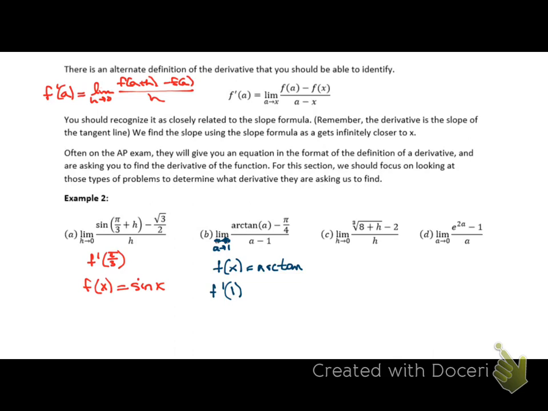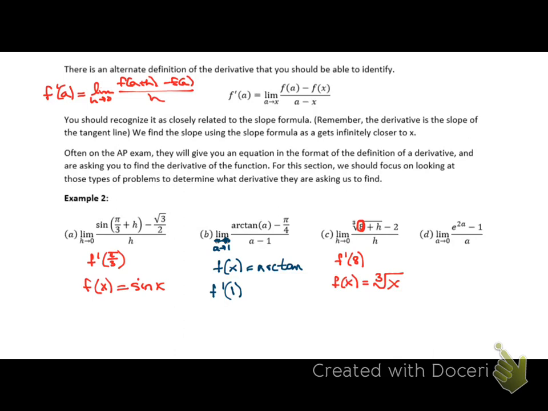For c, it's 8 plus h on the inside of a cube root, which means that we're trying to find the derivative of the cube root function, because the cube root is of the 8 plus h. The number we're trying to find the derivative at is given by the 8, because it's x plus h. So we're trying to find f prime of 8, where f of x is the cube root of x.